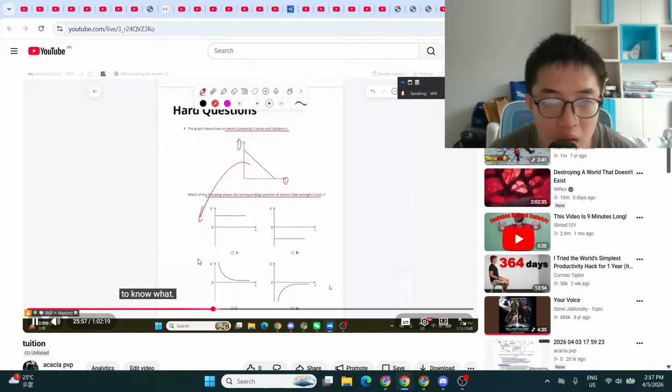To know what? From the graph, the voltage over X graph.